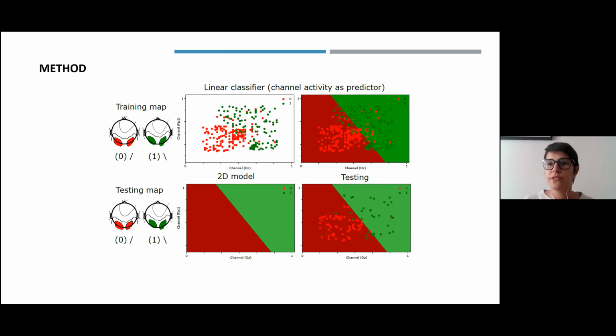And if it generalizes, it means that you have the information about the orientation in your signal, in this case, in the EEG signal.